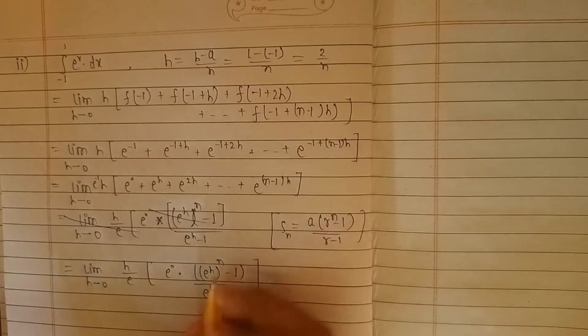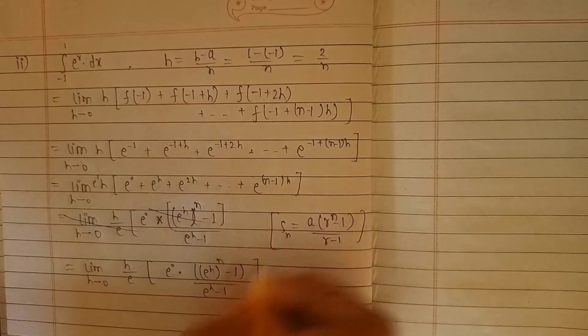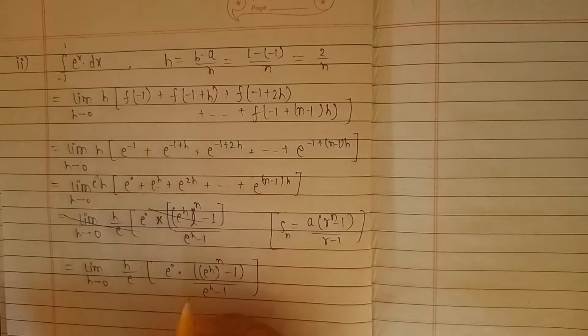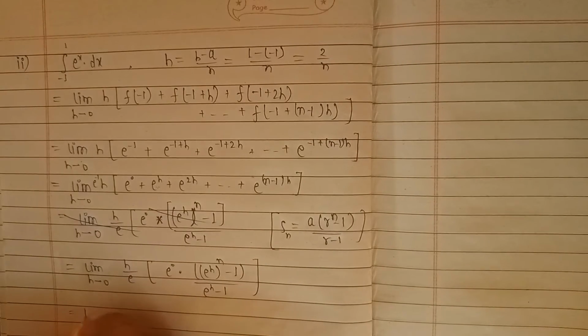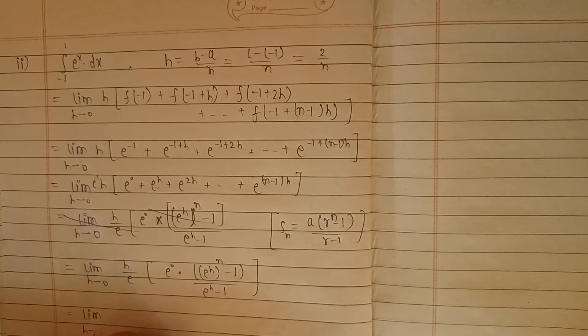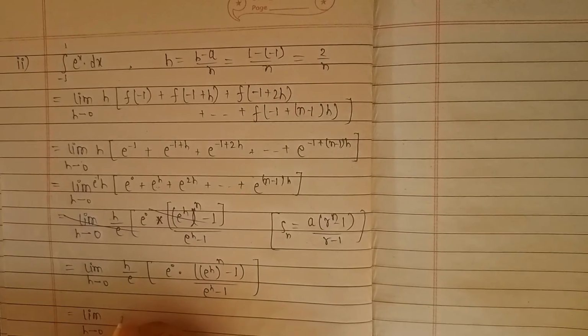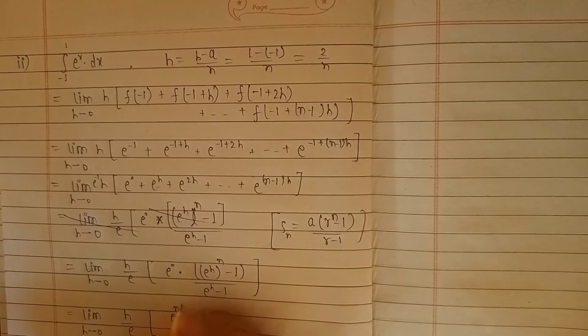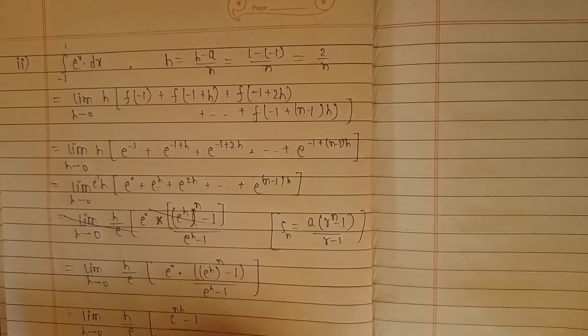Since we have r equals e raised to the power h here, that's why we are writing this, and a equals e raised to the power, that's why we are writing this. Now I think you will understand it more clearly. So here we will get h by e raised to the power 0, which is simply 1, and e raised to the power nh minus 1 upon e raised to the power h minus 1. Understand now?